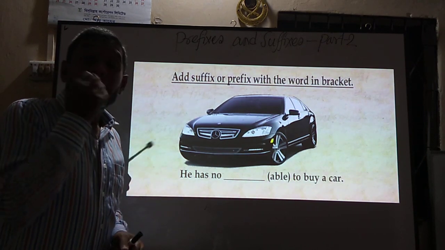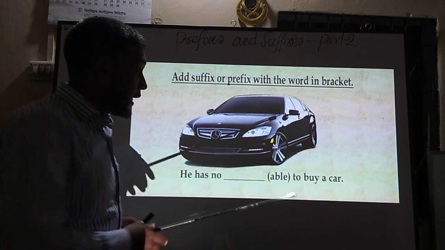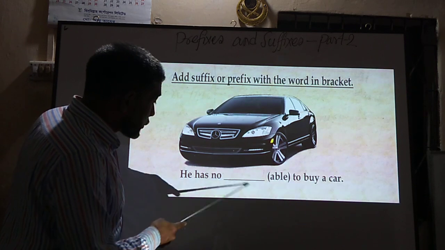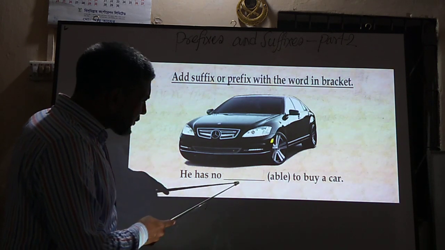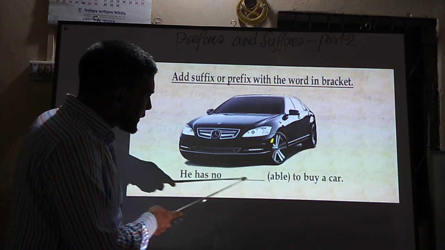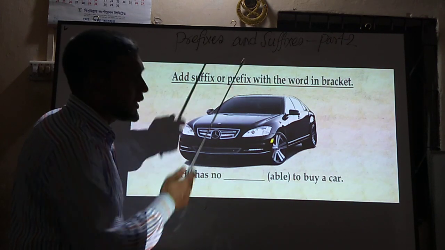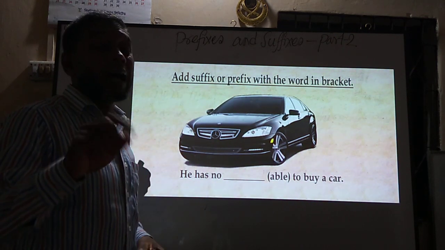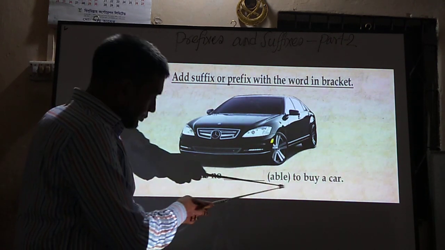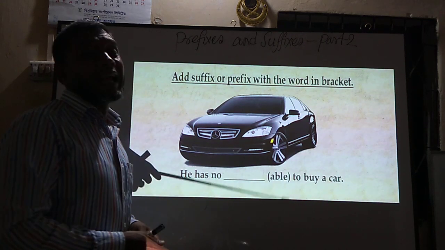But if you understand my technique, what is the technique? In these gaps, this place is for a noun, but in the bracket the word is an adjective. So then I will understand, oh yes, I have to use ability here.